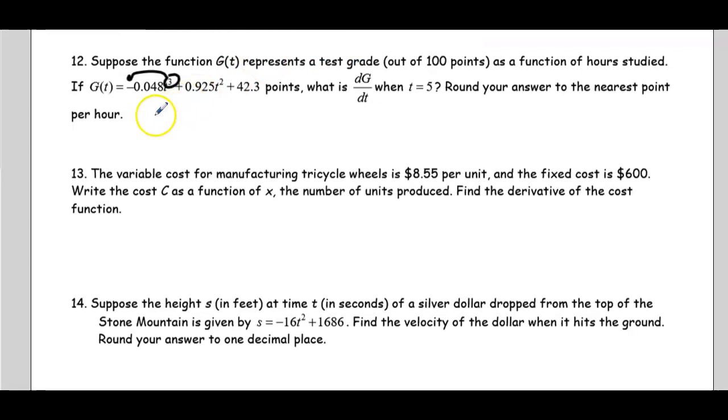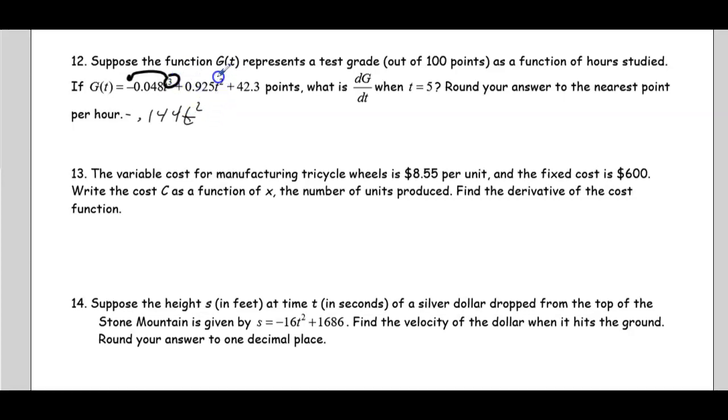So that gives us negative 3. Well, here, let's do it. 3 times 0.048 is 0.144. So negative 0.144 t squared, because you got to subtract 1.